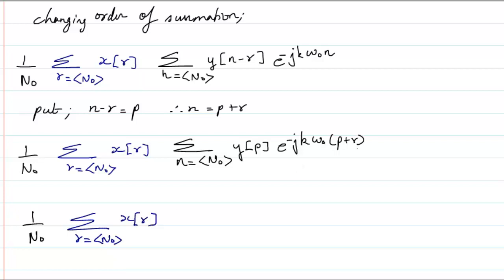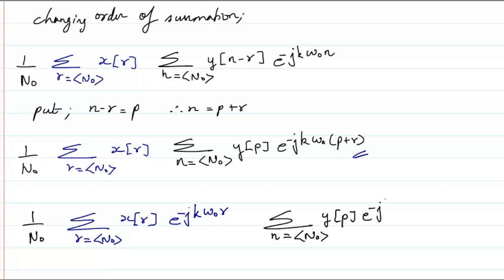And now if I split this, the r portion I take out from here, I will attach it with this one, which is e raised to power minus j k omega naught r, and then the remaining portion I will put in summation n within the period n naught y of p e raised to power minus j k omega naught p.